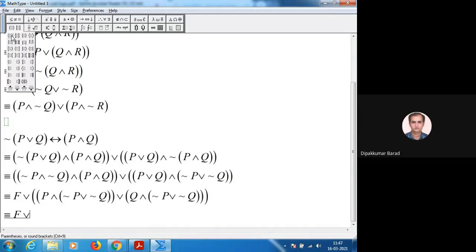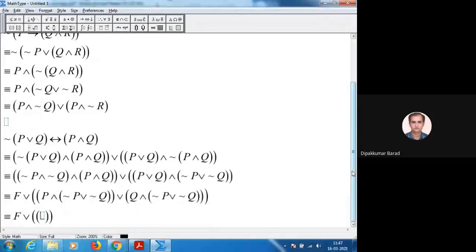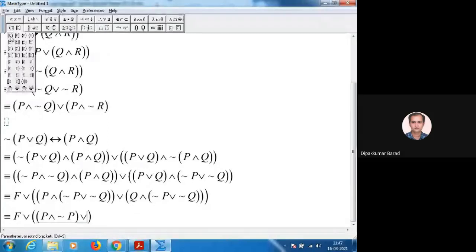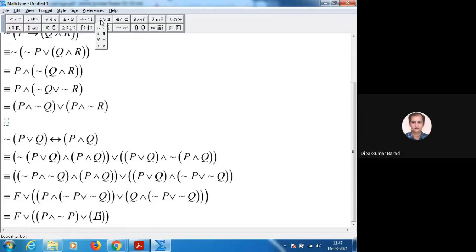So first I write the bracket, and if I apply the distributive property I can write P and not P, P and not P. Then I get or, and this is P and not Q. Okay, and now all these things I have to write in bracket again.